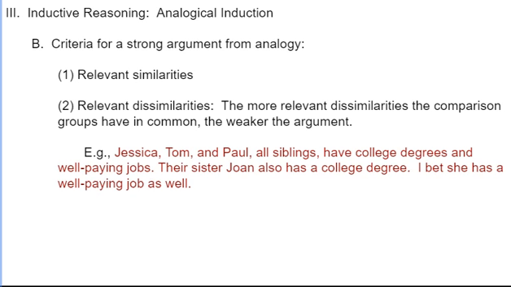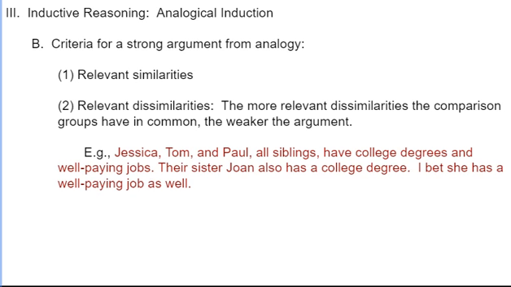I don't know what she does, but I bet she's got a well-paying job as well. Pretty good chance, right? I mean, it's an inductive argument, so we can't know for sure. But if you had to guess, I'd probably guess that rather than the opposite. You can easily have a college degree and not get a good job. But their siblings got good jobs, so all these things sort of conspire together to say, well, it's much more likely that Joan also has a good job.